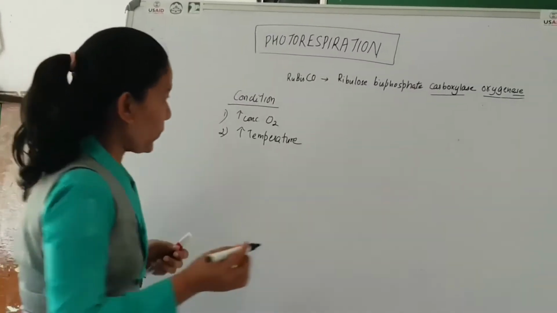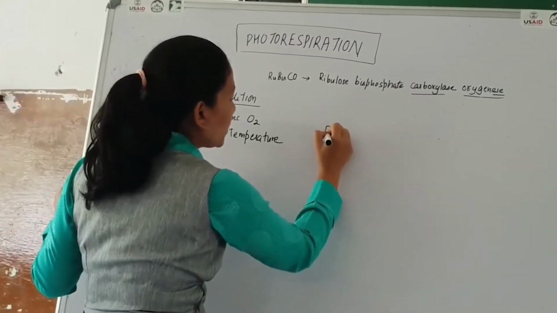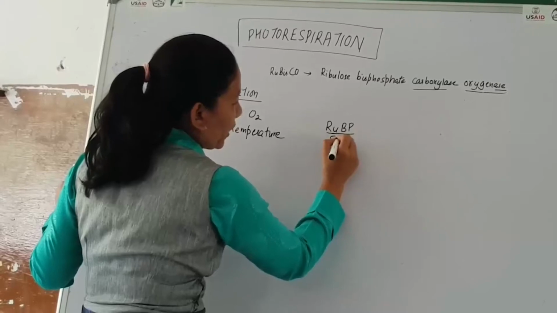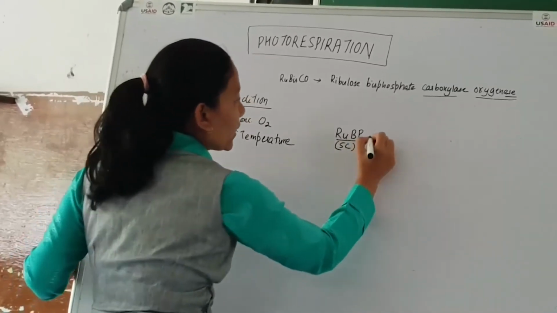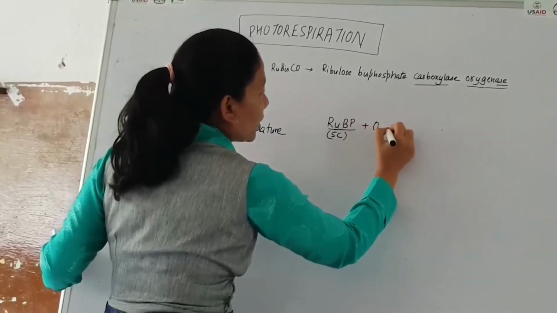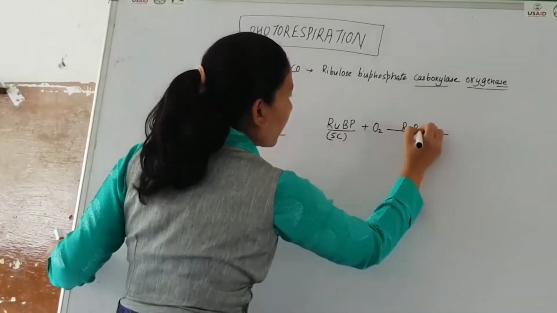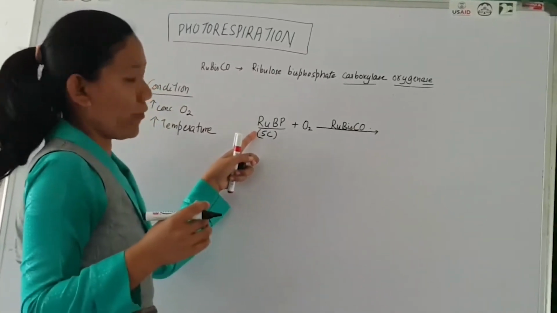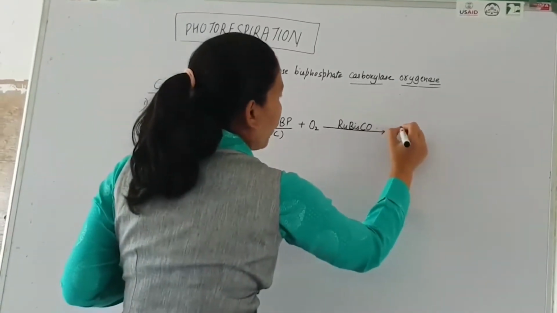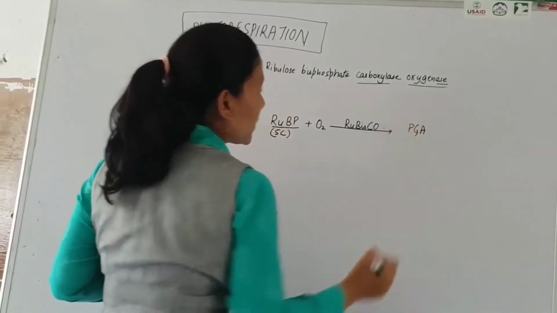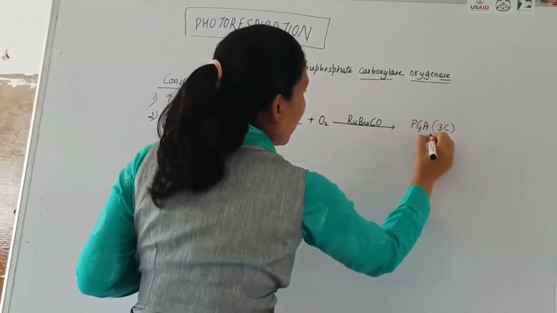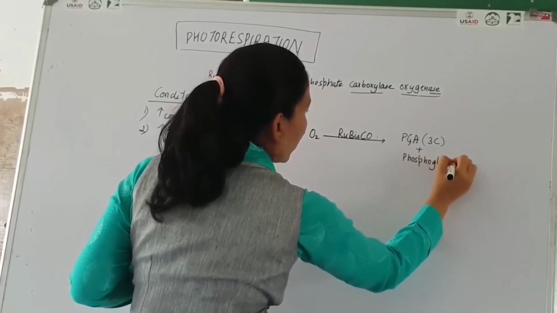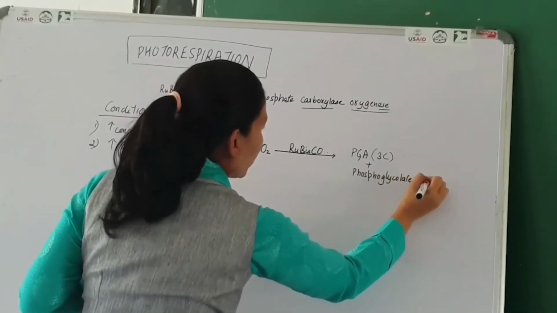Now let's see how it happens. The primary acceptor RuBP, containing 5 carbon, instead of fixing carbon dioxide, here oxygen is fixed by Rubisco, and this leads to the formation of PGA, phosphoglyceric acid, which is a 3-carbon compound, and then phosphoglycolate, which is a 2-carbon compound.